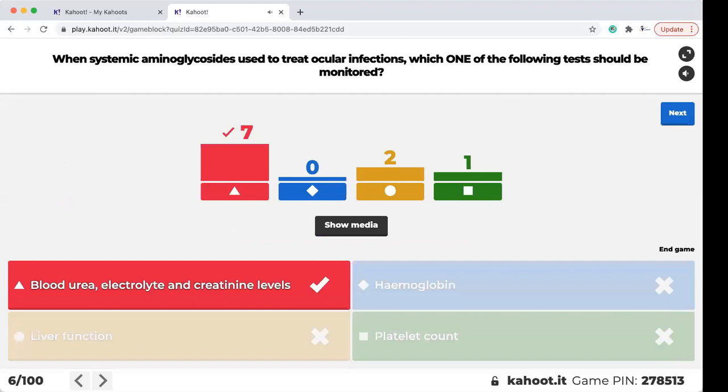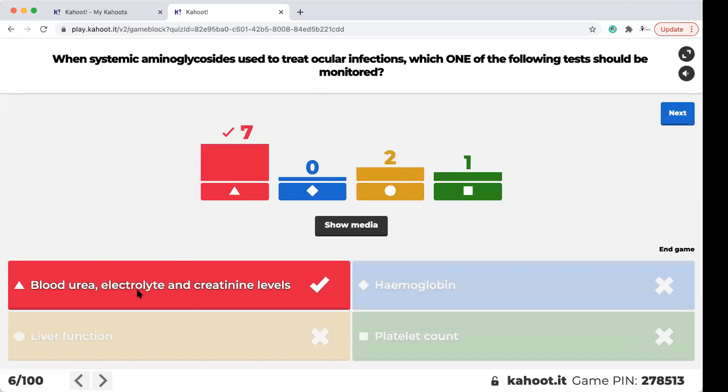Great, so most of you got it right. This is a basic question asking about some pharmacological properties of antibiotics like aminoglycosides. The question is asking, when systemic aminoglycosides are used to treat an ocular infection, which one of the following tests should be monitored?